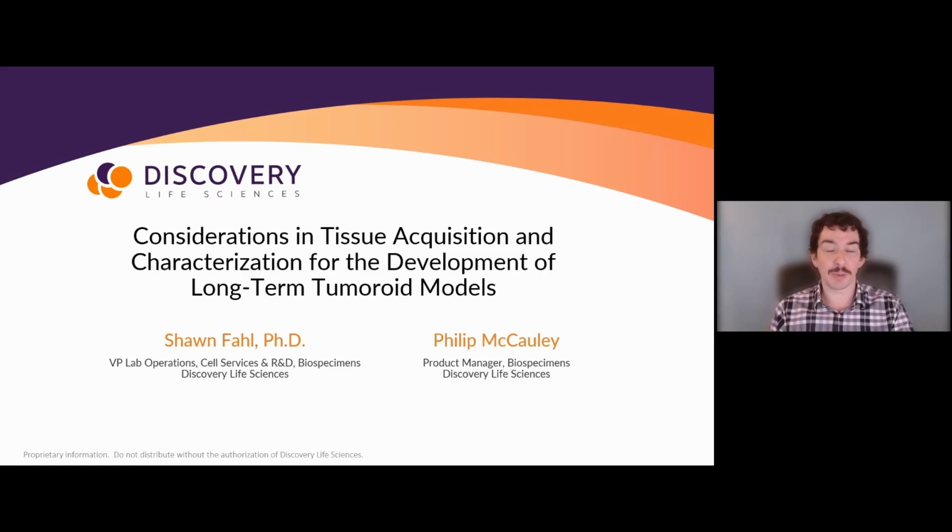I'd like to begin with the why we're here and give some context to the reason we're discussing the development of these advanced tumoroid models today. The challenge of getting a therapy from preclinical stages through clinical phases is well known.